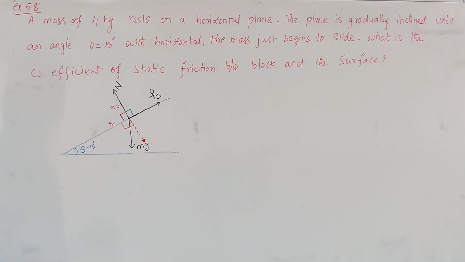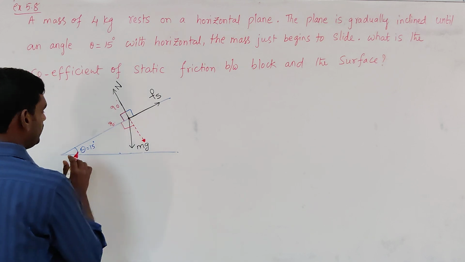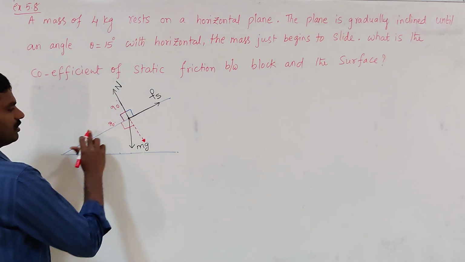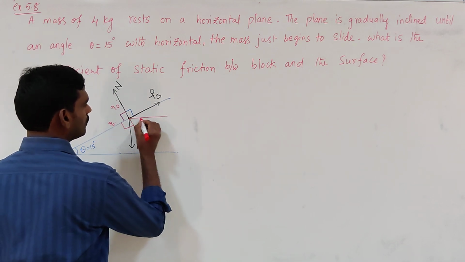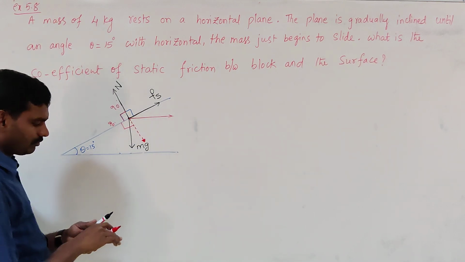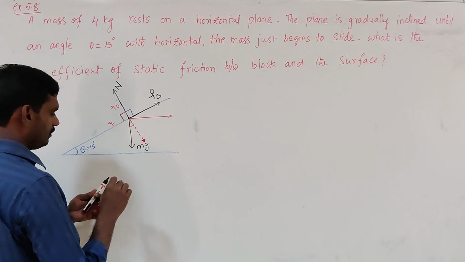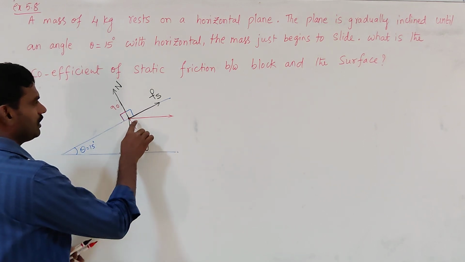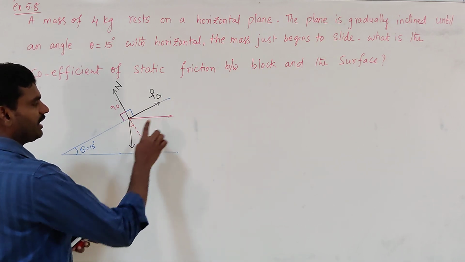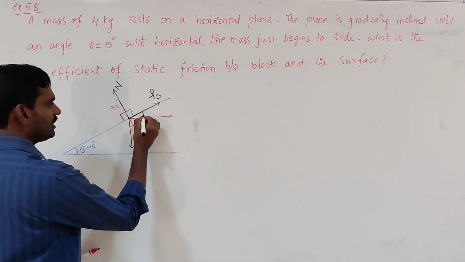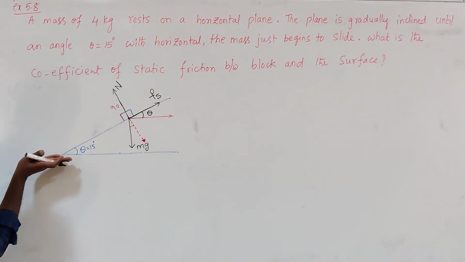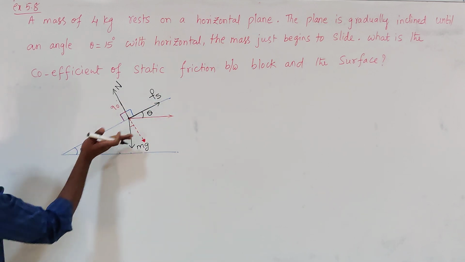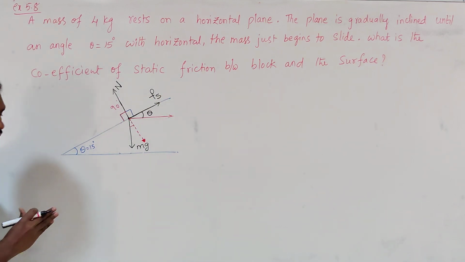Total angle is 90. And see here, this angle with the inclination is theta. So the inclination is making an angle of theta with the horizontal direction. The angle between the horizontal and the inclination is theta.